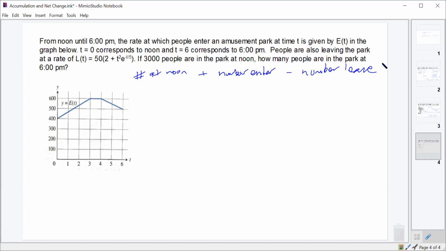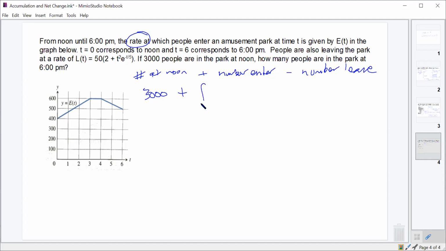Okay, so how many were there at noon? That should be the first part. That's easy. 3,000. Okay. And how many people enter the park? Well, all we're given is a graph of E of t. E of t is a rate.